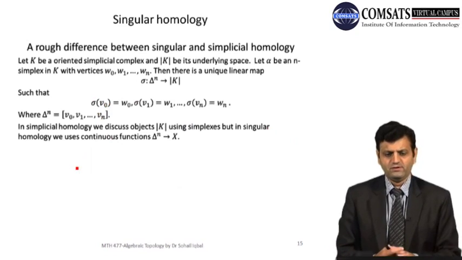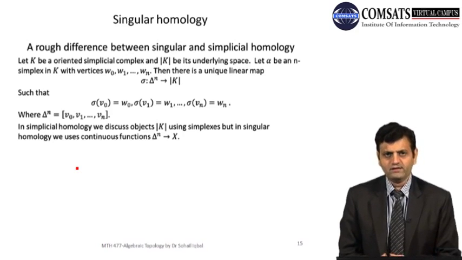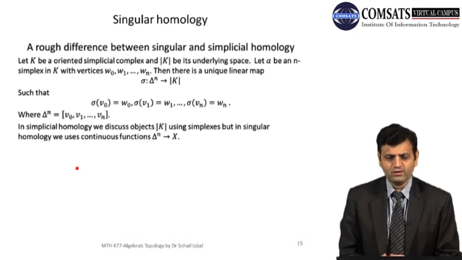So what is the difference between singular and simplicial homology? If we have an oriented simplicial complex K, and let its underlying space be |K|, and let alpha be an n simplex in K, because K is a simplicial complex, so it will have many simplices. So let alpha be just an n simplex inside K with vertices W0, W1, Wn.